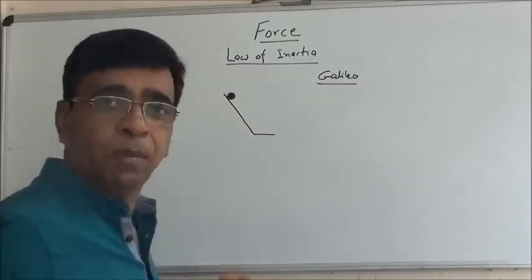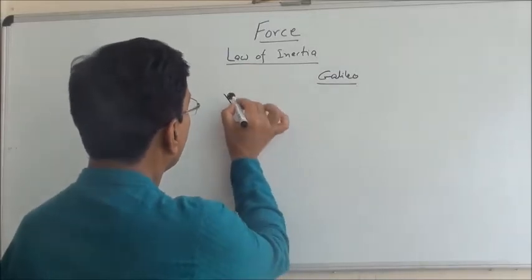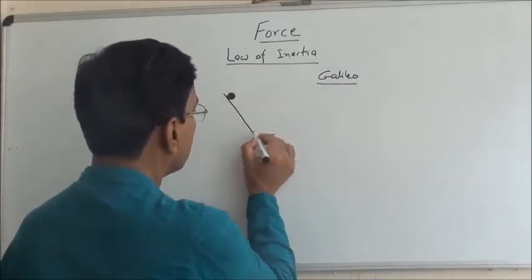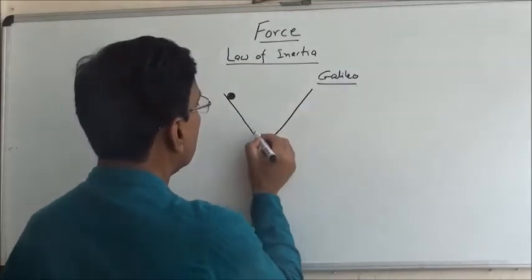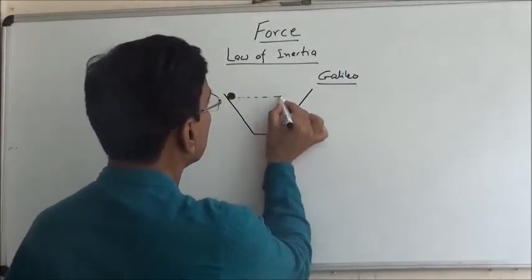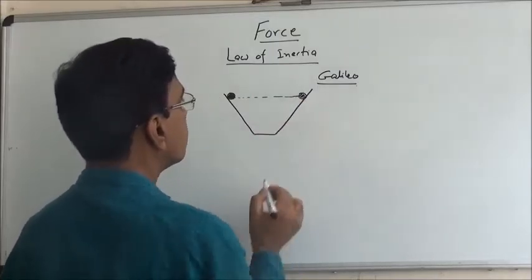the experiment of inclined planes. So he took an inclined plane, and a ball was kept here, it comes down and then it moves up. It reaches up to this point.